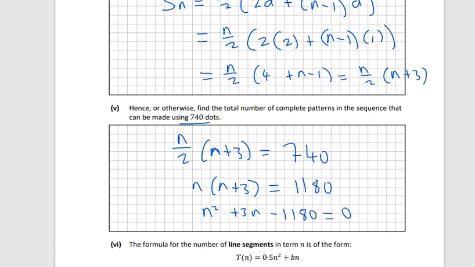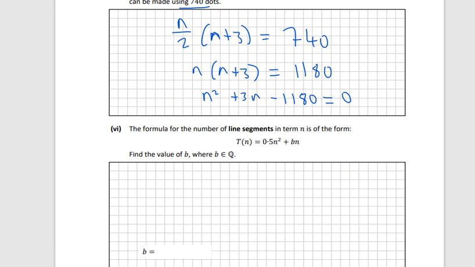And then you have to use the minus b formula to solve it. It'll be minus 3 plus or minus square root 3 squared minus 4 times 1 times minus 1480 over 2 times 1. That's just using the minus b formula. Now just notice when I'm putting them in that should have actually been a 4 there.